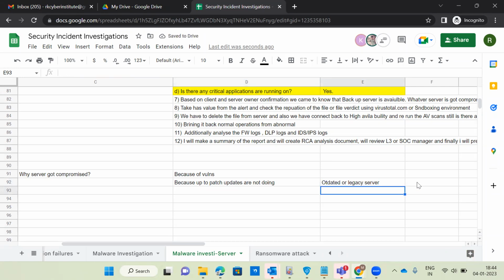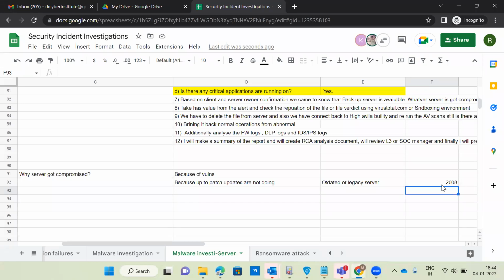For example, a 2008 server. Is Microsoft providing patch updates for Windows 2008 server? No. Only for 2015, 16, 18, 19, 21, and 22 servers is Microsoft providing the patch updates, both normal Windows updates and security patch updates.